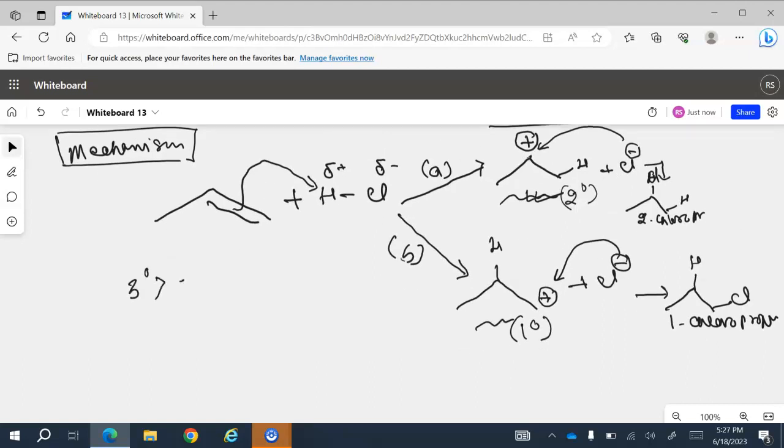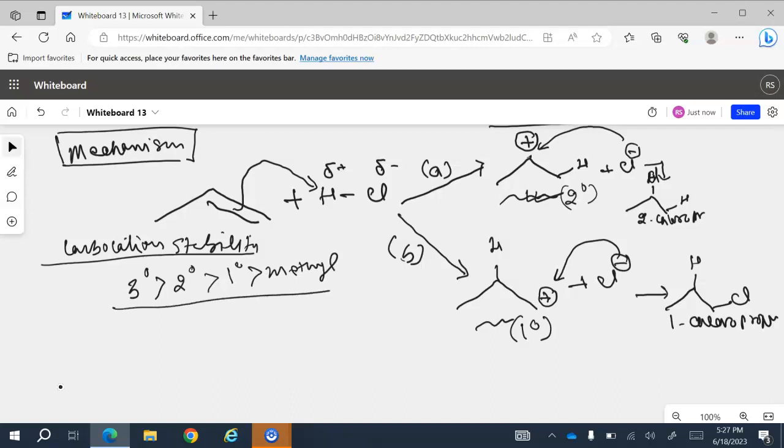This is the carbocation stability order, you cannot forget this. Tertiary is far better than secondary, better than primary, better than methyl. We have studied that in a previous chapter. So based on that, a secondary carbocation is much more stable than a primary carbocation.